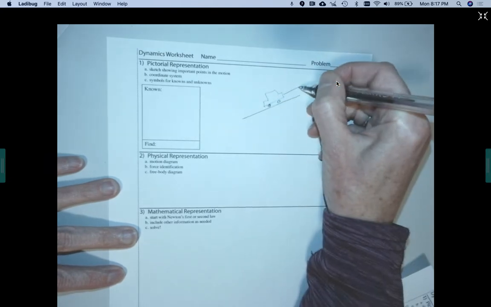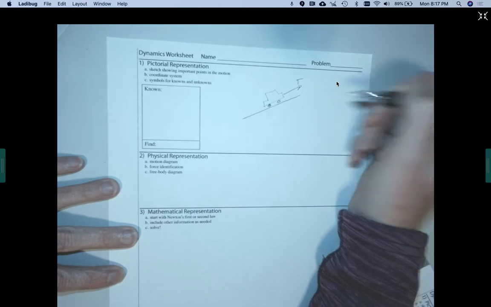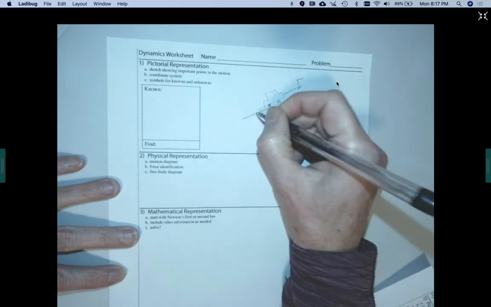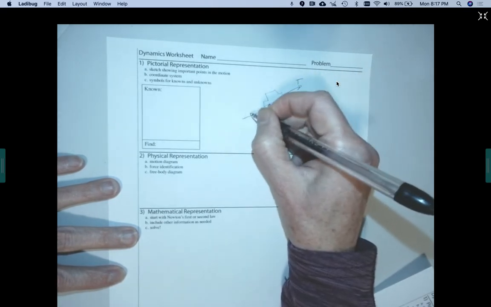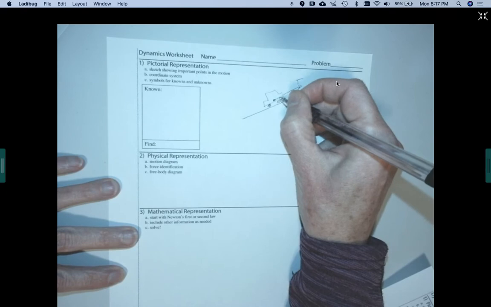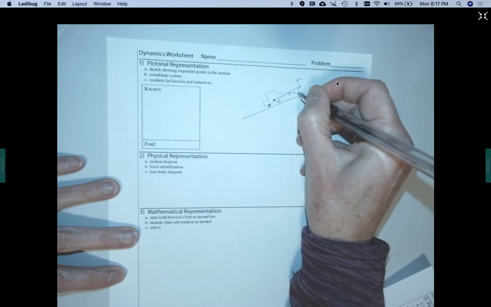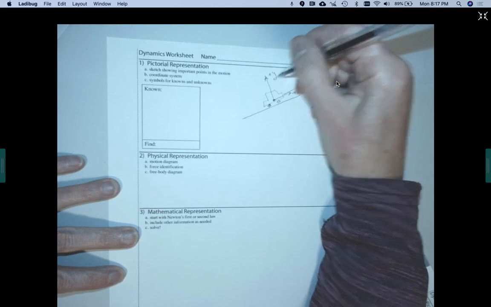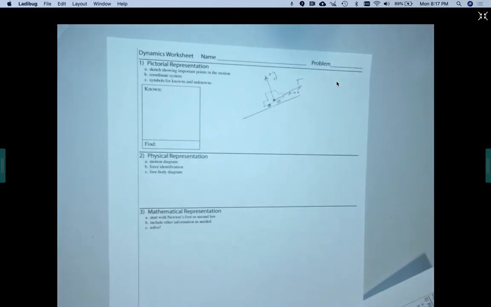Okay, it's getting pulled with tension. There's no friction. So I'm going to make my coordinate axis along the incline. And I can put the origin right where the car starts. I'm going to say that's my plus x. And this is my plus y. It's going to go perpendicular.